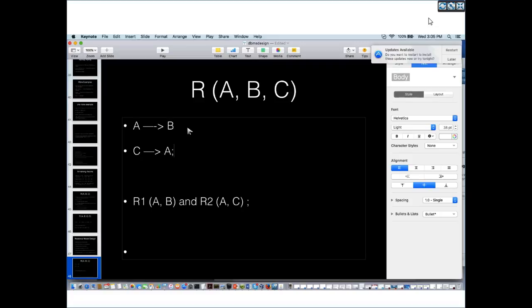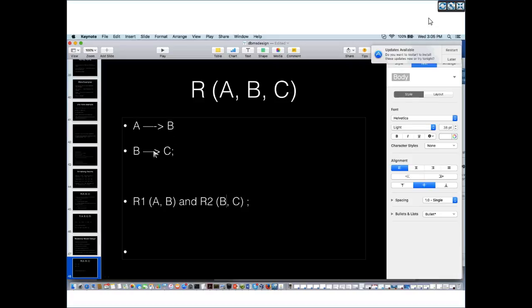B determining D can be easily preserved, so it is easy to see this split ensures dependency preservation.